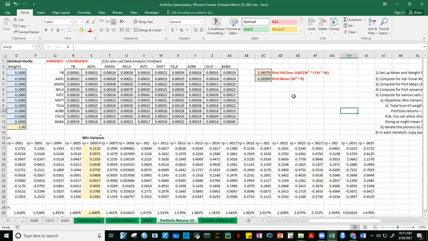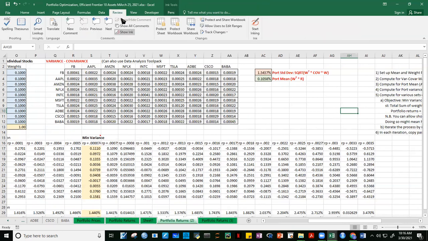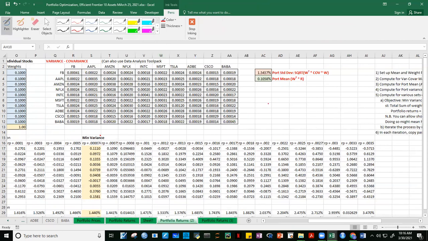Okay, so alam natin na ang risk ng portfolio, isa lang dapat yon. It should be a value, it should be a number. Okay? So, clear yun, Luisa, na ang risk ng portfolio should be a value, should be a number.